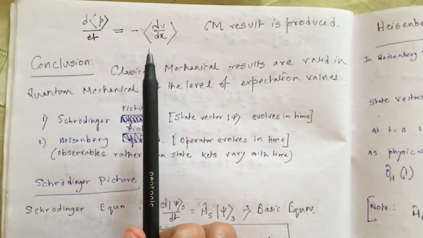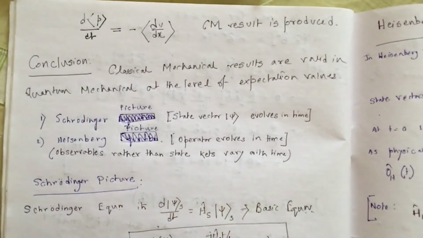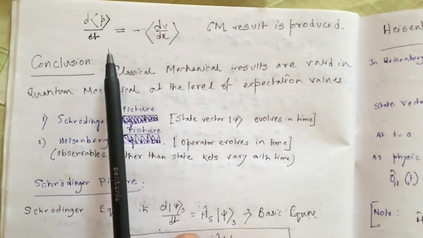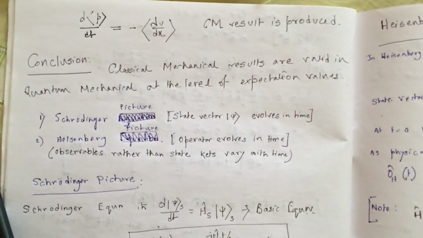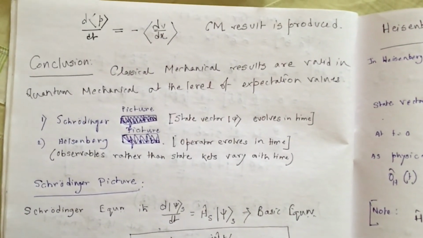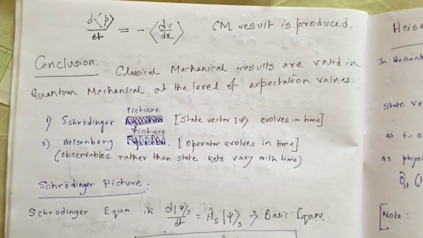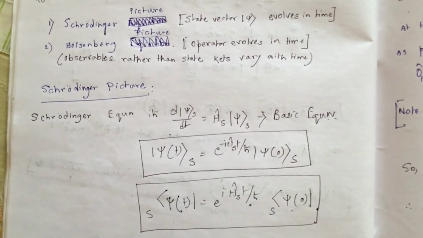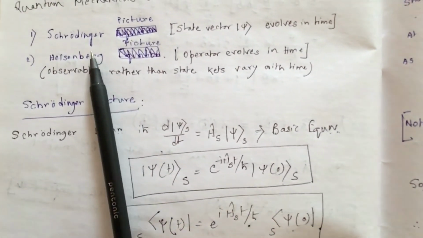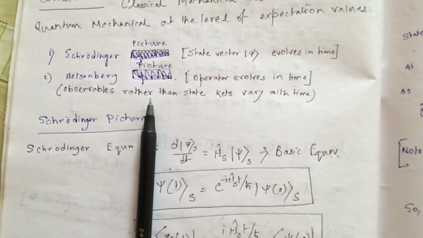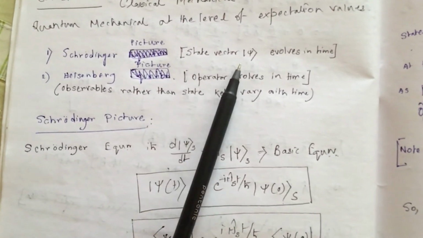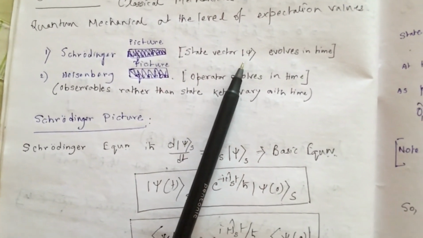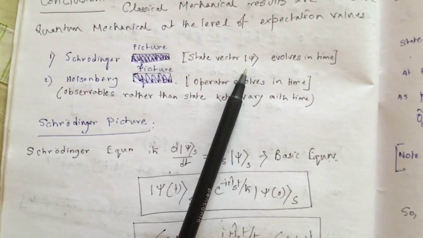So now we can see that on both sides we have expectation values. So classical mechanical results are still valid in quantum mechanics at the level of expectation values. Now we would like to discuss two pictures. One is the Schrödinger picture, the other is the Heisenberg picture. In the Schrödinger picture, the state vectors vary with time.